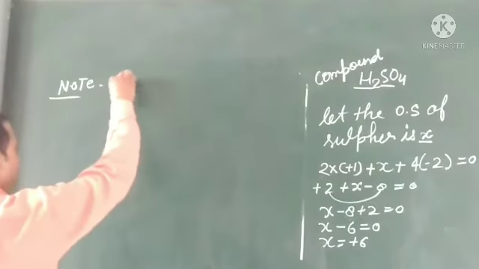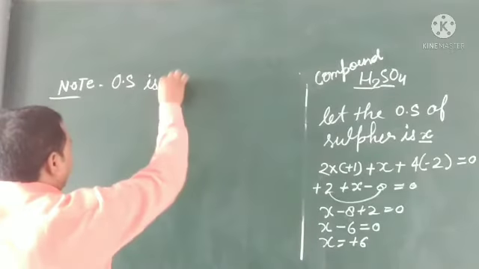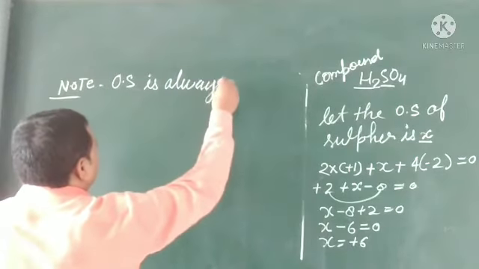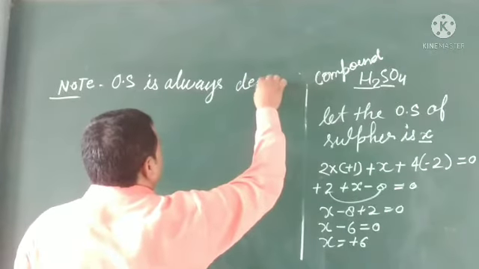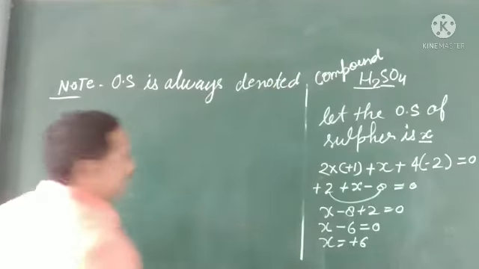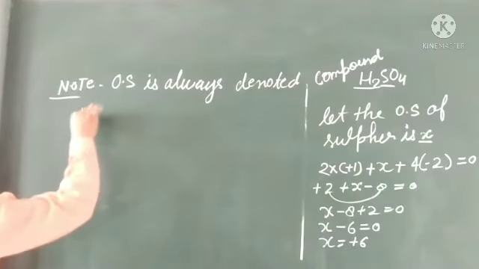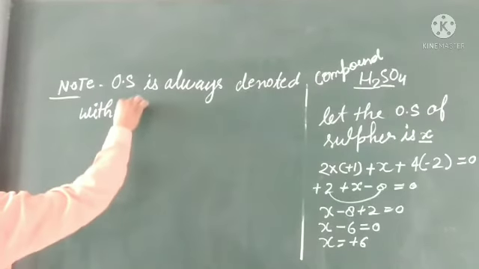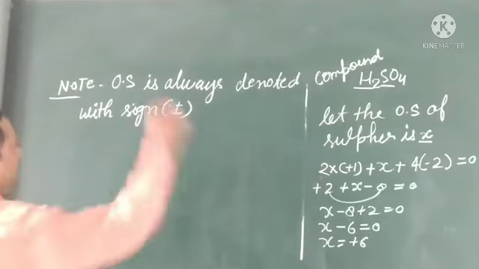The oxidation state is always denoted with a sign, either plus or minus.